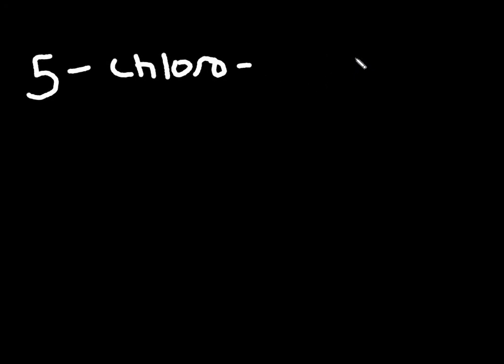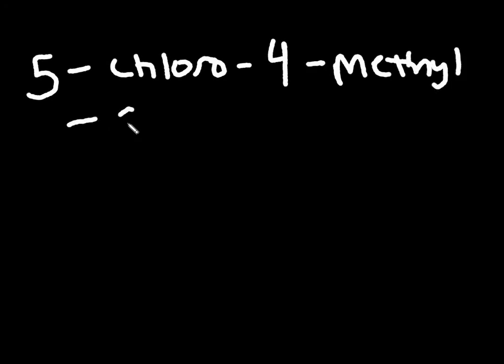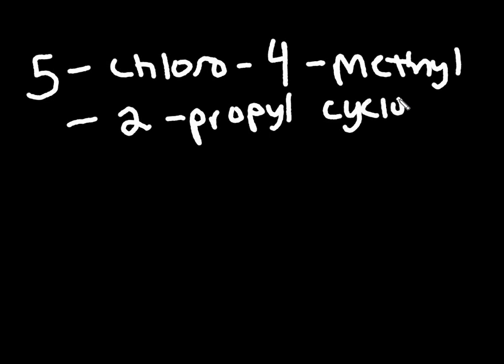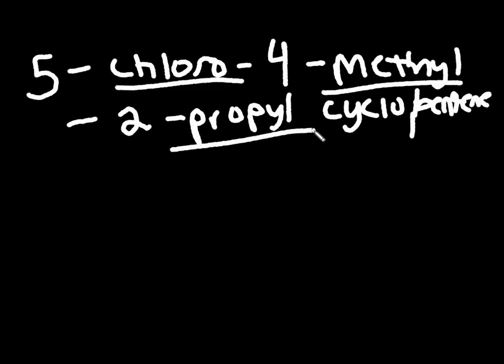Even I make mistakes sometimes. 5 chloro, 4 methyl, 2 propyl cyclopentene. And why did I switch that methyl and propyl? Because remember, alpha order. M comes before P, C comes before M. Chloromethylpropyl. Okay?